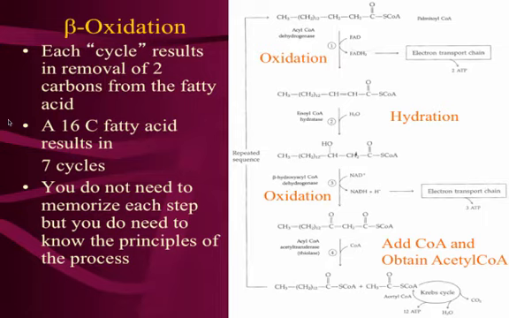So this is what I want you to think about as well. Let's say we have a C18 fatty acid versus glucose. Which would generate more ATP? This guy, right? Why? More carbons.